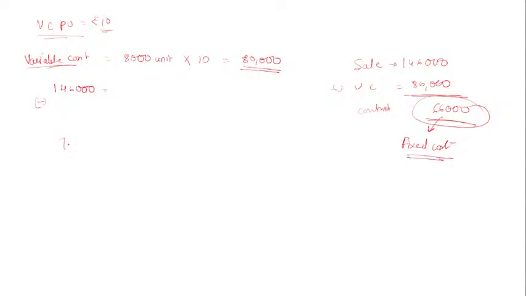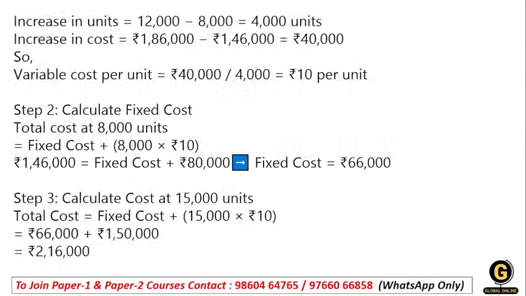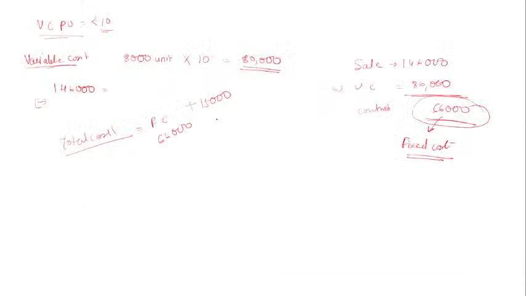So if you want to calculate the total cost in this question, the fixed cost is 66,000. We have to calculate the cost of production for 15,000 units. For 15,000 units, the variable cost is rupees 10 per unit, so that is 1,50,000.